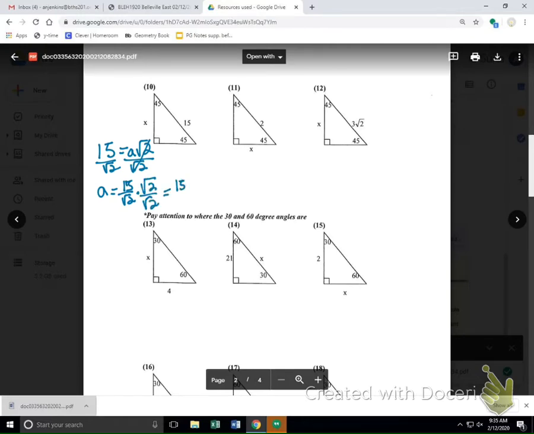You have 15 square root of 2 over the square root of 4. What's the square root of 4? 2. How many times does 2 go into 15? 7.5. Yep, 7.5. So 7.5 square root of 2 are going to be our two side lengths, our legs.